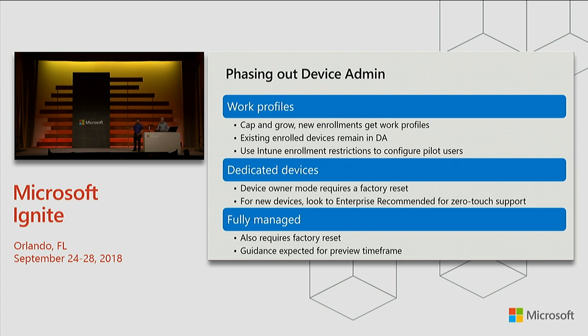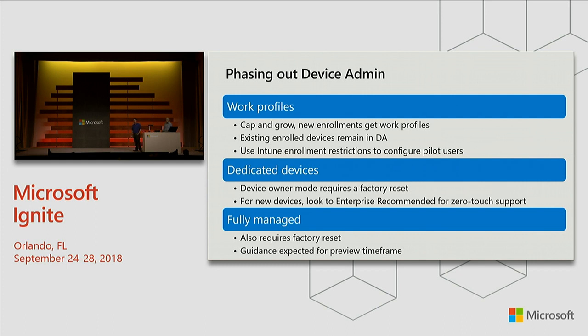You can use Intune enrollment restrictions to configure pilot users. So you can start testing work profile today, even if you don't have multiple tenants. If you only have a single tenant, you can use Intune enrollment restrictions to begin that process and get feedback from your end users and your service owners within your businesses.